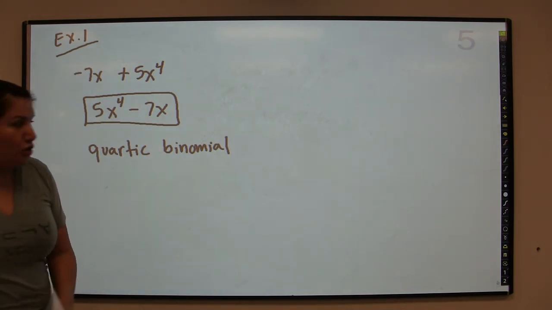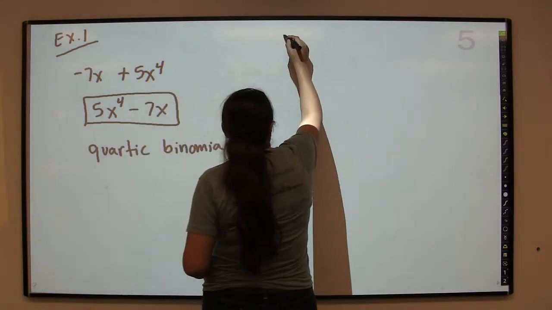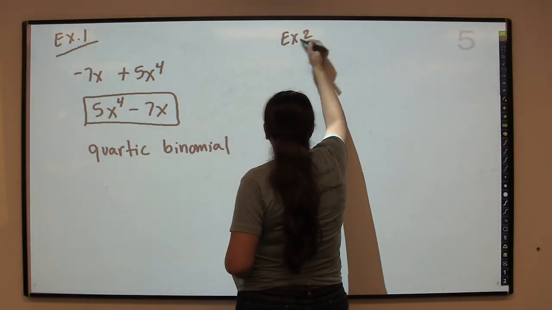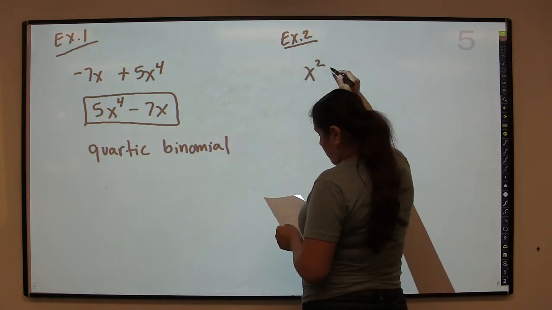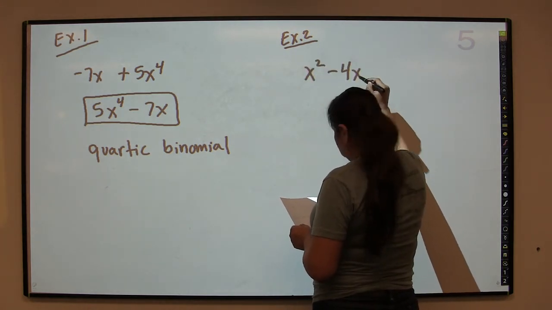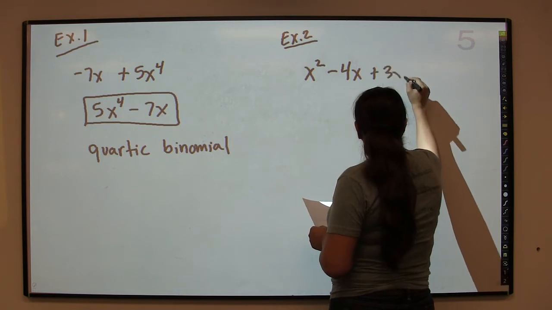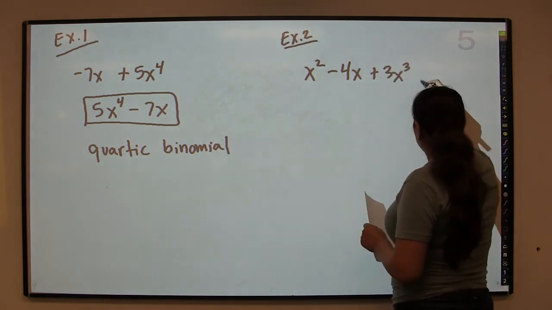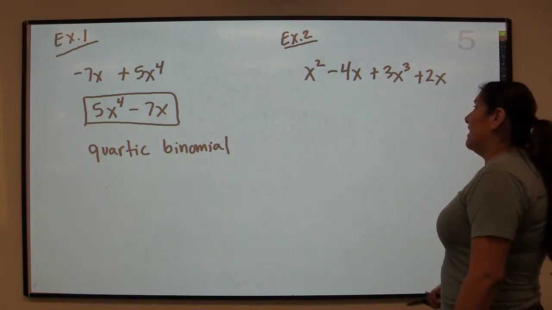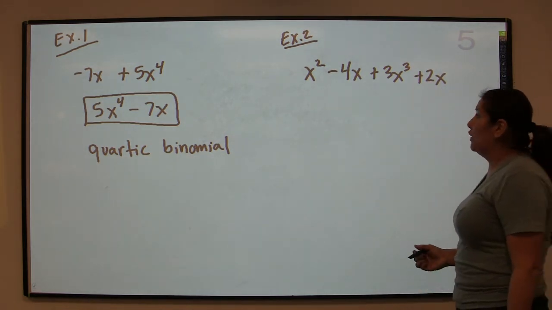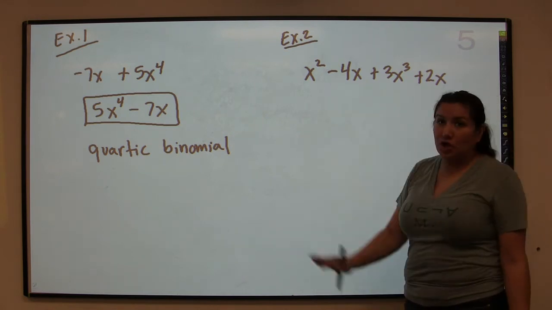In example 2, I'll show you something else that could potentially happen. This example is x squared minus 4x plus 3x cubed, plus 2x. Now at first glance, you might think that this is a polynomial that has 1, 2, 3, 4 terms.